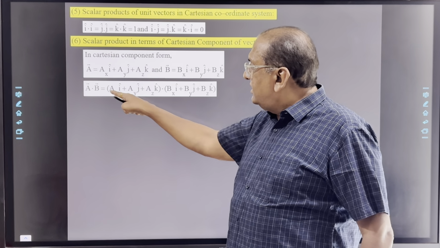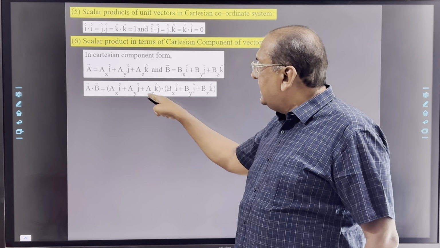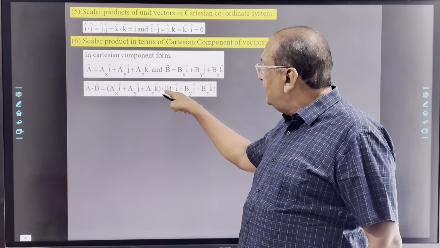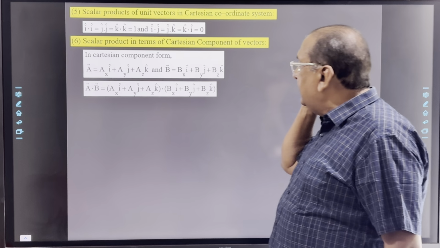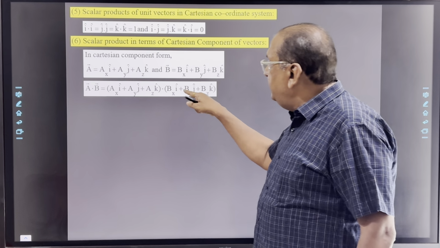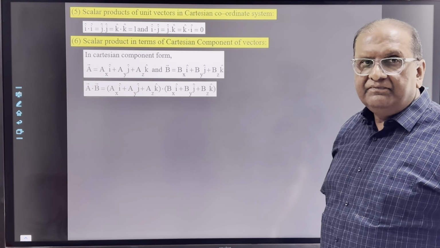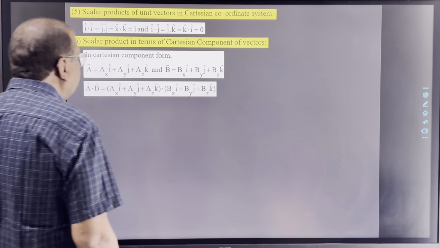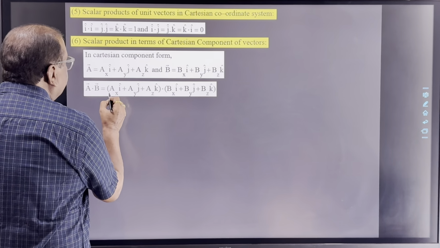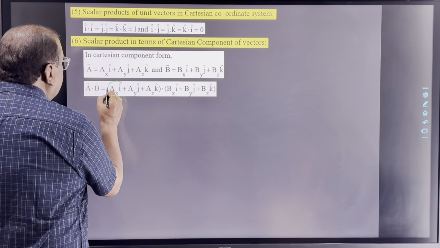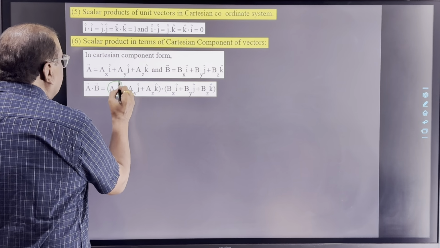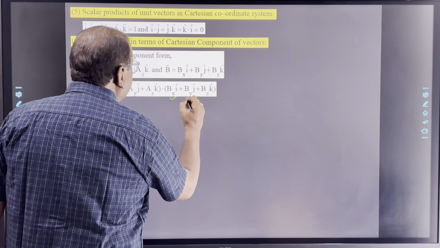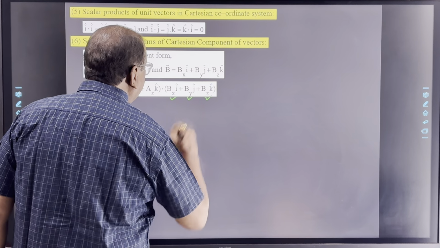So A dot B. In the first bracket we will take vector A in component form, dot, in the second bracket there is vector B in component form, right? Now here we simply have to carry out the calculations. First we have to multiply AX i caret with these three components.